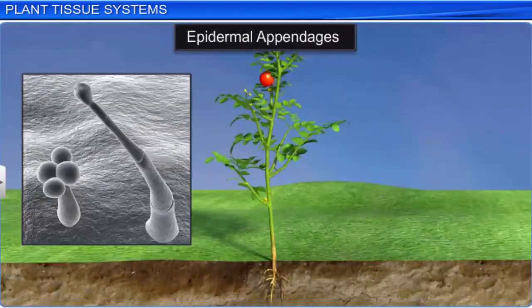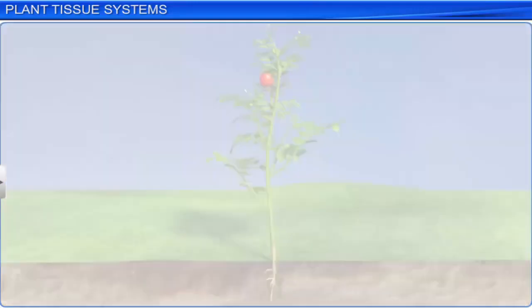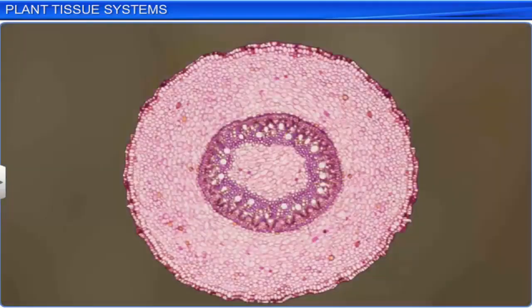They may be branched, unbranched, soft or stiff, and may also be secretory in function. Besides this, trichomes prevent loss of water due to transpiration. The second type of tissue system is the ground tissue system.